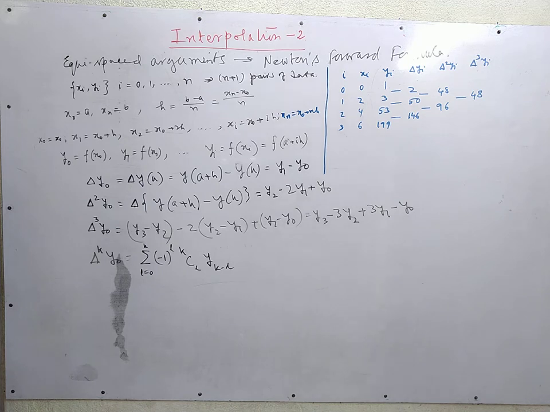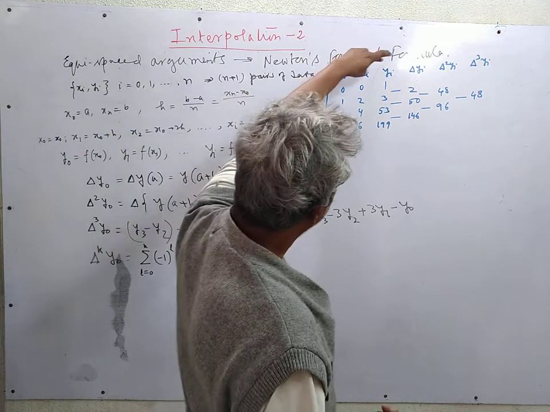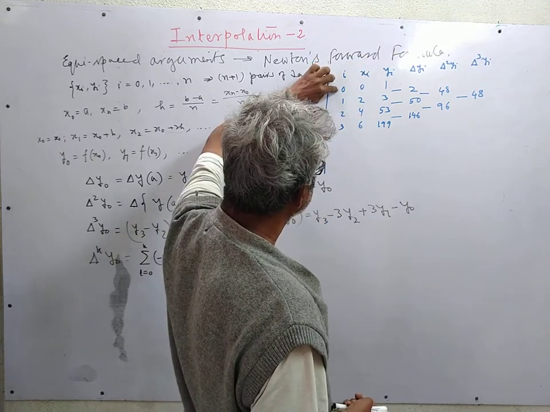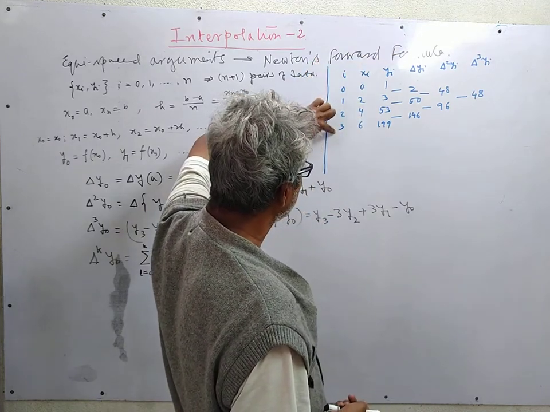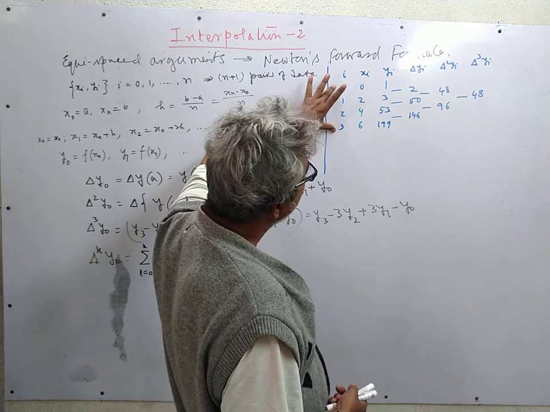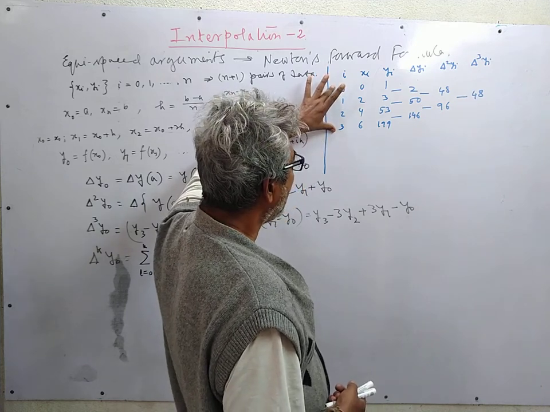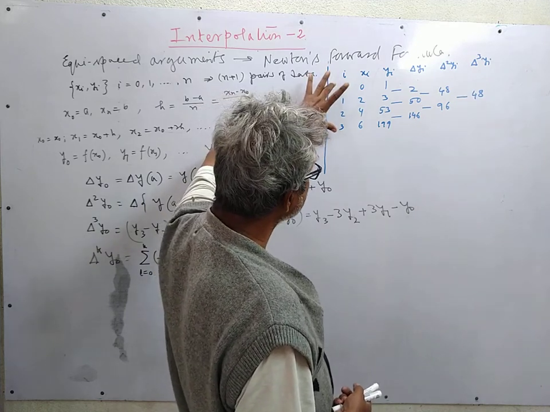Due to some technical problem, the video capturing was interrupted, so we had to start the rest in the second video. Now we have a pair of x, y values. The i is running from 0 to 3, so we have four values of x available.